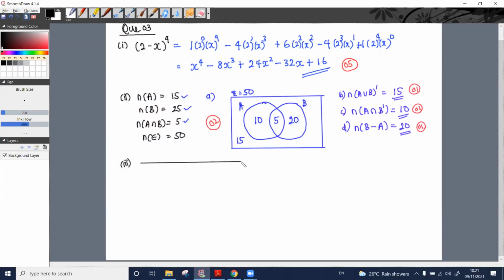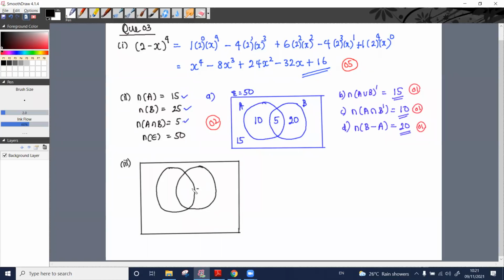Let's have a sketch of this information. Nalin, Chaturanga, and Gyan. Right.